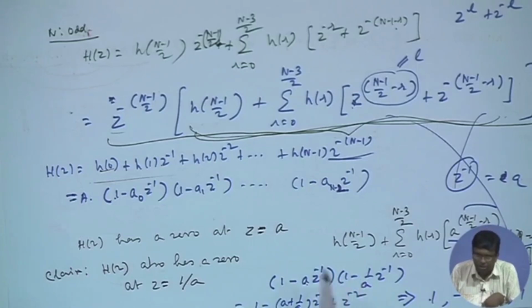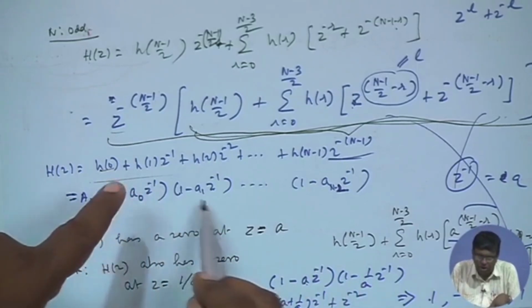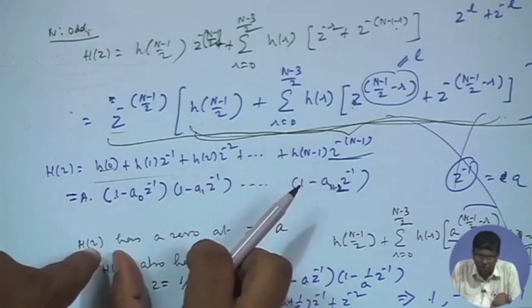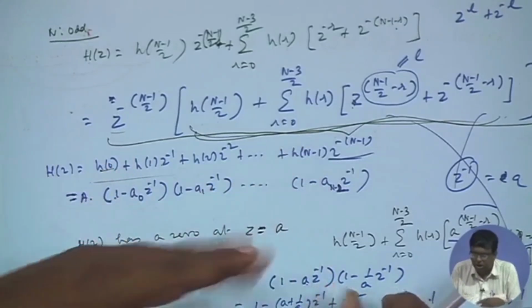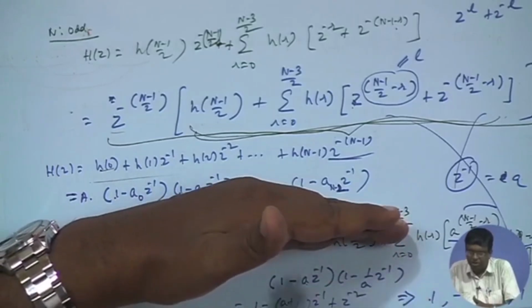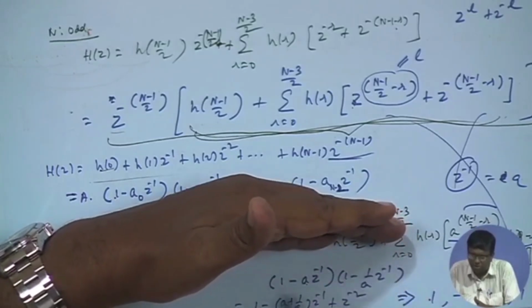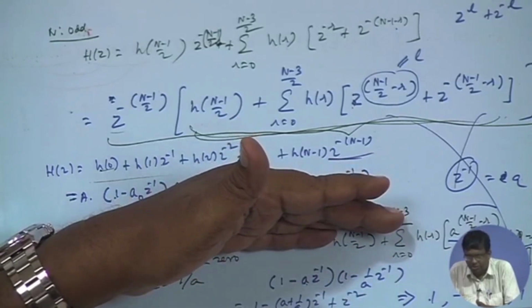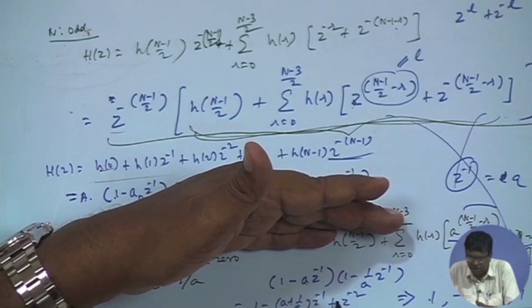Okay. That is, as the roots occur in reciprocal pair, you can take out those two roots, those two factors, and make a subsystem just of this product. So, it is a second order filter. This will again be a linear phase filter, because its impulse response is what? H 0, this is H 1 into z inverse, and this is H 2 into z inverse.